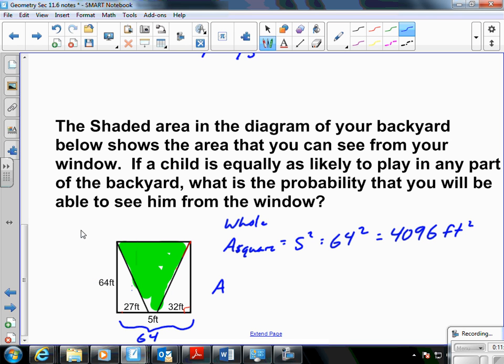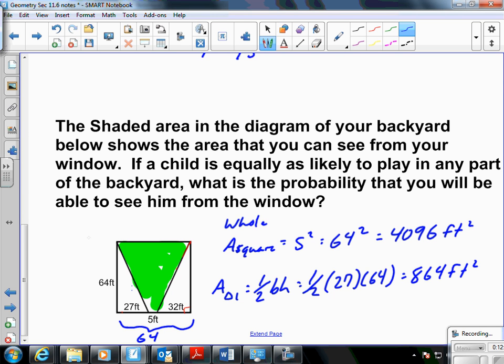So area of triangle 1 is going to be 1/2 base times height, or 1/2 of 27 times 64. And so if I put that into the calculator, it's going to give me 864 feet squared.